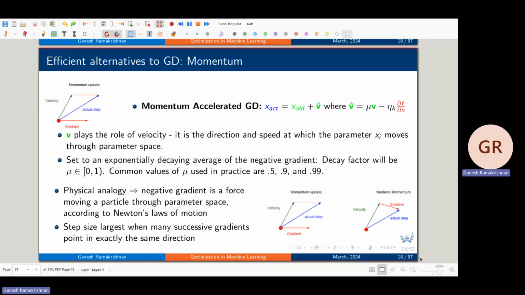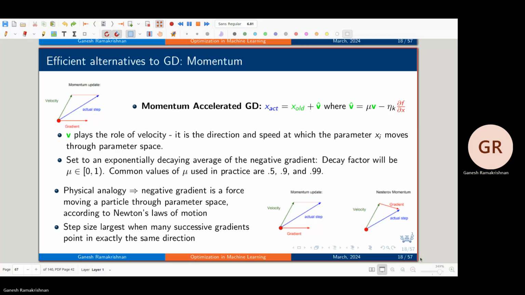The previous gradient was used in the previous step to get to this point. You see the difference? I used the gradient at some point after updating velocity, moved here, then applied velocity, moved here, and then applied gradient to move here. Whereas in this case, I compute the gradient, I compute the velocity, and then I add them up.